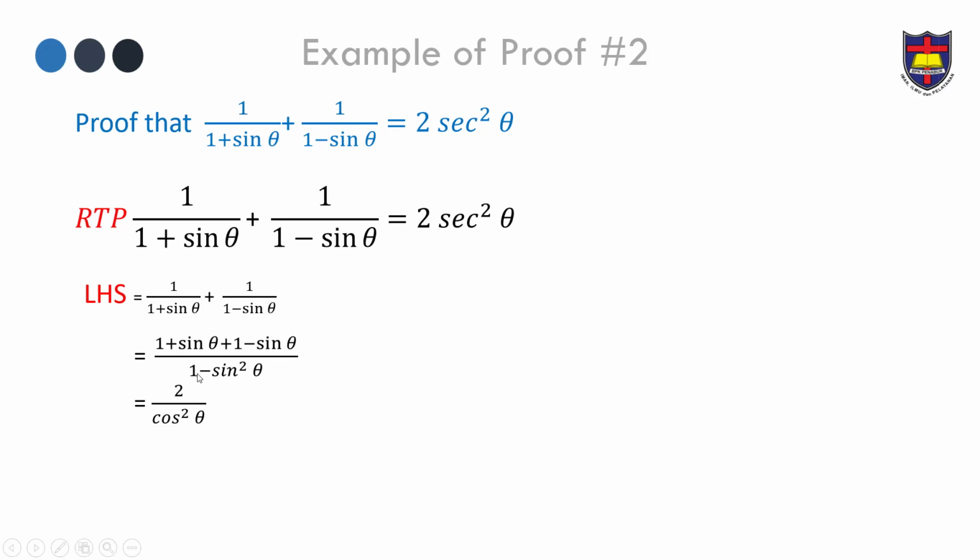After that, at the denominator you can simplify using the identity formula 1 minus sine square theta, which is cos square theta. After that, you can have the reciprocal of 1 over cos, which is secant, squared. So you have 2 secant square theta at the end, and that is your right hand side term.